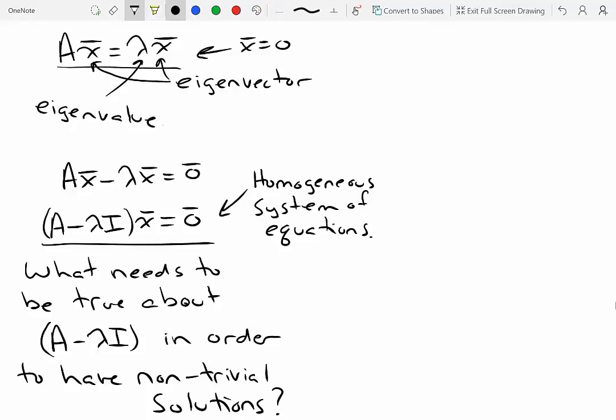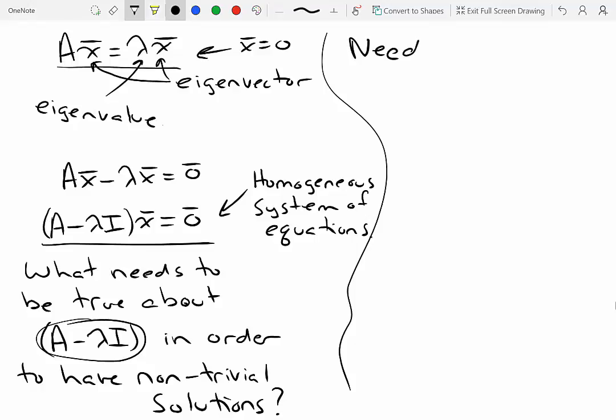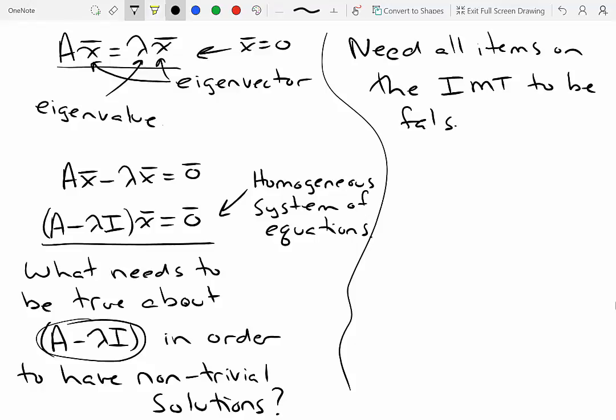Well, let's see. A is square, I is square, so this whole A minus lambda I is going to be a square matrix. And if I want this to have non-trivial solutions, then what I would need is all things on the invertible matrix theorem to be false. And there's a whole lot of things on the invertible matrix theorem. So I could say that A minus lambda I is not invertible. I could say that the columns of A minus lambda I are linearly dependent.